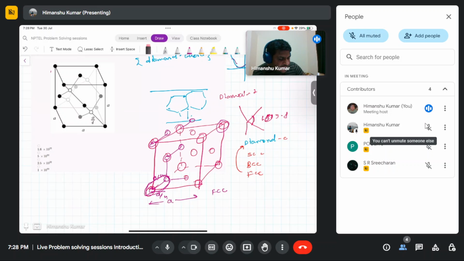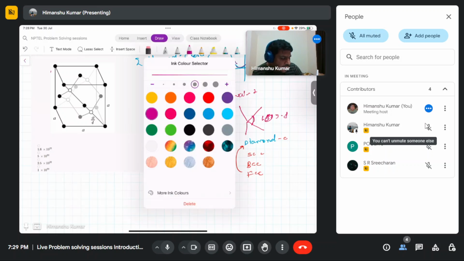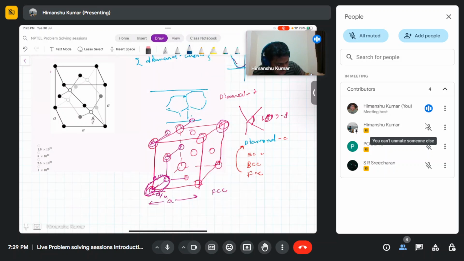In the FCC lattice, at each FCC site, at the corners and at each face, if you put two silicon atoms at a distance of a/4, a/4, a/4, then you will arrive at the diamond cubic structure.